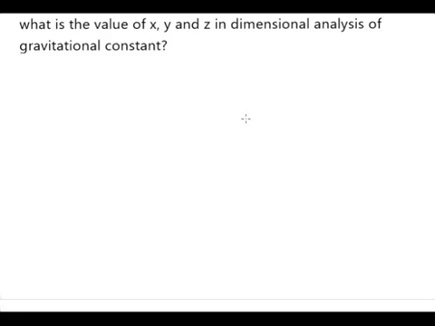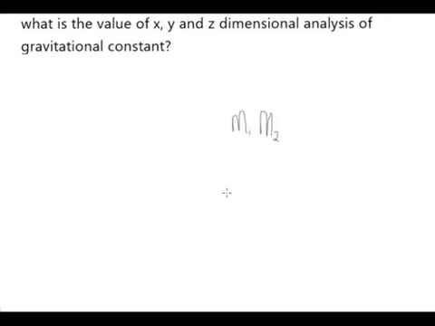The question we have today says, what is the value of x, y, and z in dimensional analysis of gravitational constant? According to Newton's law of universal gravitation, the force of attraction between two objects of mass, say m1 and m2, is directly proportional to the product of the masses and inversely proportional to the square of the distance separating them.